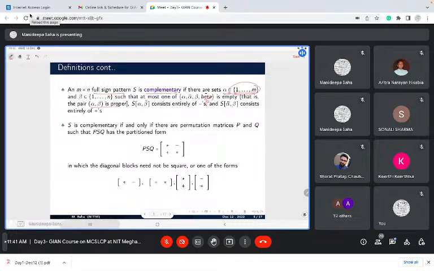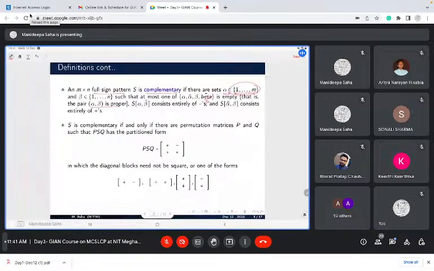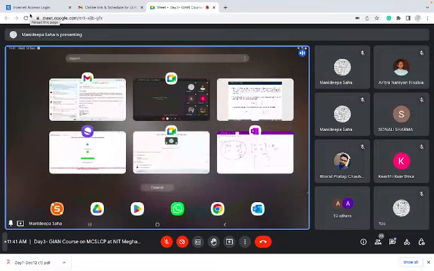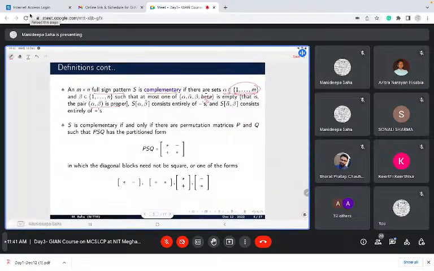So it means that I'm having a matrix of any size, fine, any size. So that means we can make some kind of partition here. So this is alpha bar, and if it is beta, and then this is beta bar, then it says that this submatrix alpha beta bar will be all negative.